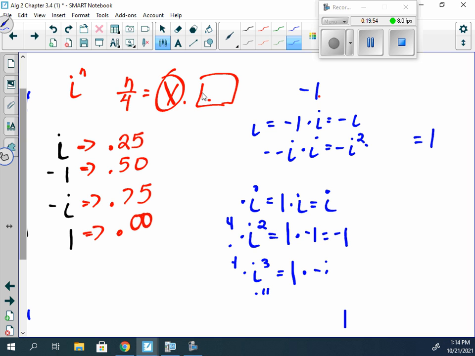Zero, zero. It's going to be a whole number. So we worked through this to see how this works and the fact that it does repeat to give us these 4. But really, we can divide the exponent by 4 to see what we get.